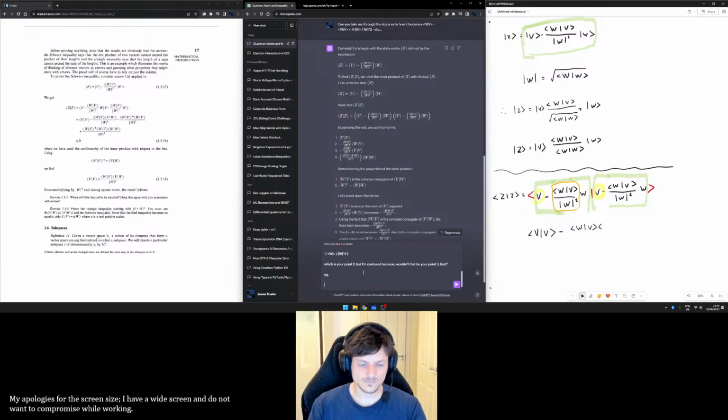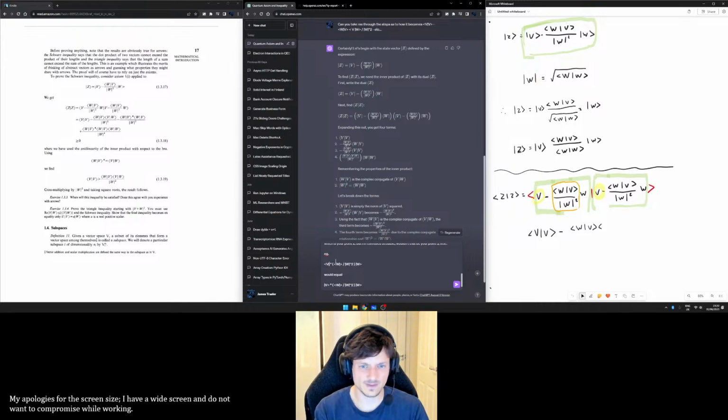E.g. V multiplied by this, that, so V multiplied by that would equal, and it's actually V, isn't it?